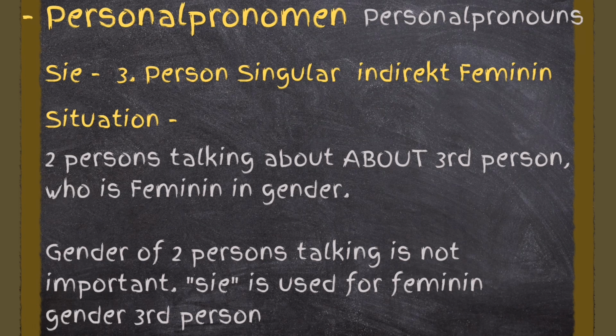It could be two men talking about third person who is women being feminine, or two females talking about third female gender person will also be using small z for the third person. So hope this small z makes the matter absolutely clear from the usage in communication point of view.